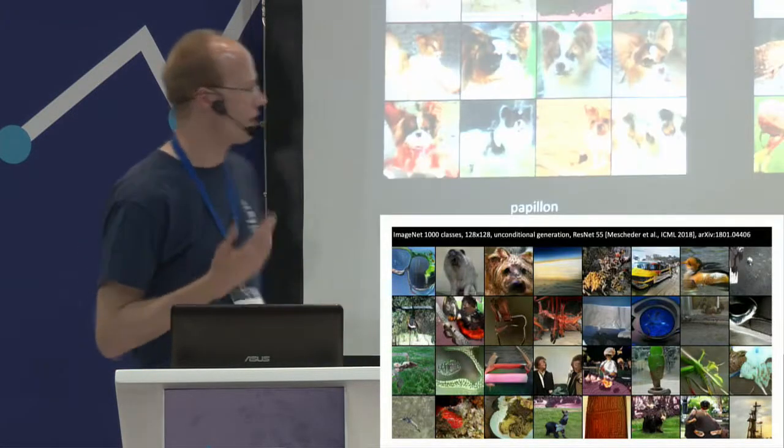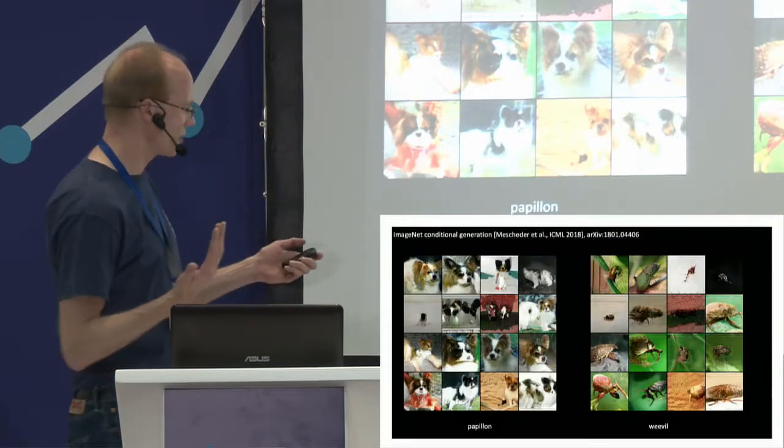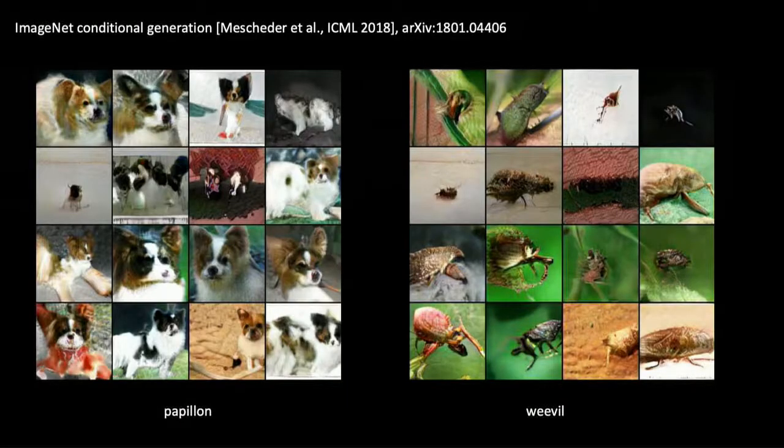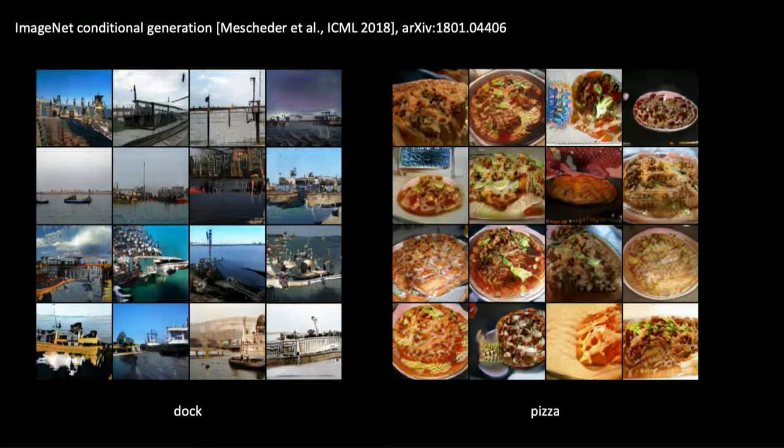If you go to object class specific generation, you get much more high fidelity generations. So a single dog breed, a single type of bug, and so on. You get really good quality. Actually, pizzas work really well because there's just texture. But even abstract concepts, like a shipyard dog, work.